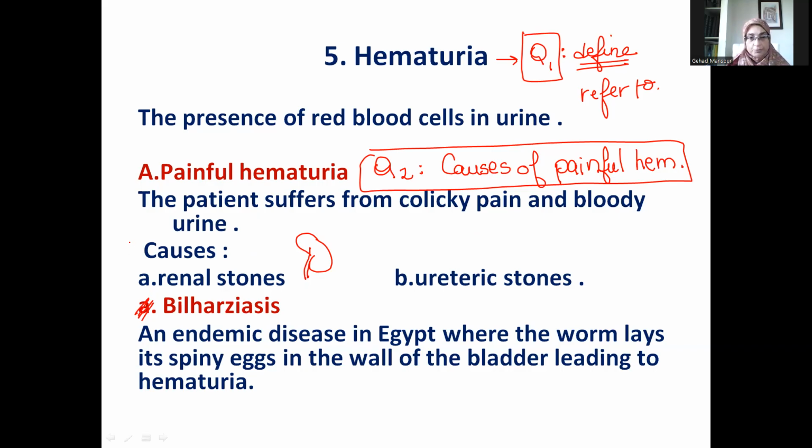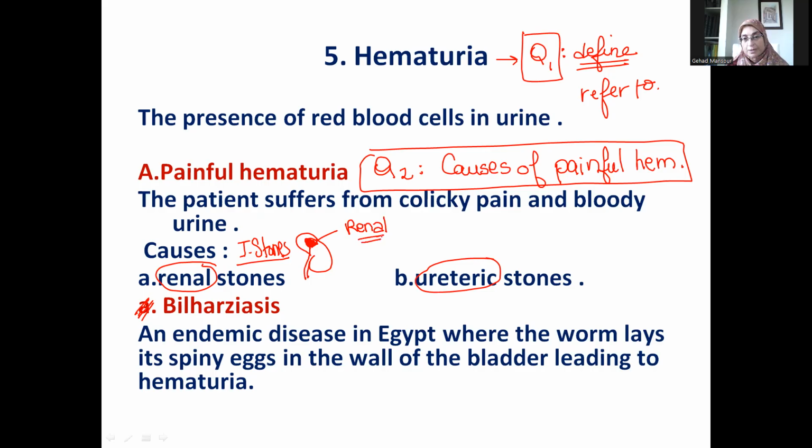So we can actually say that the causes include, number one, stones, and the stones can be renal stones or ureteric stones. If the stone is inside the renal tissue itself, then it is a renal stone.